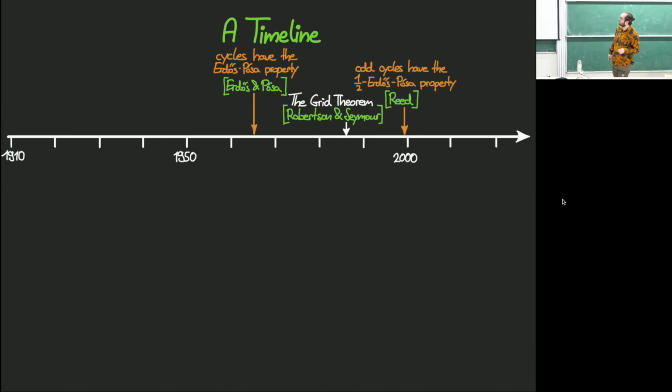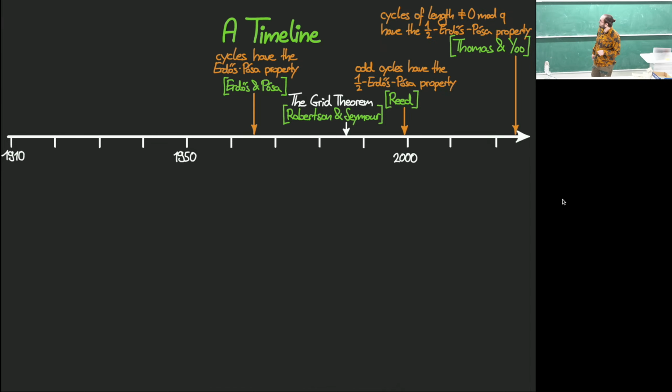For example, at the end of the last millennium, Reed proved that odd cycles have the half-integral Erdős-Pósa property, and then very recently, I think the paper was published last year, Thomas and Yoo proved that cycles of length unequal to 0 mod q have the half-integral Erdős-Pósa property. There have been extensions to this theorem by people in this room, but I need space, so this is what I do.